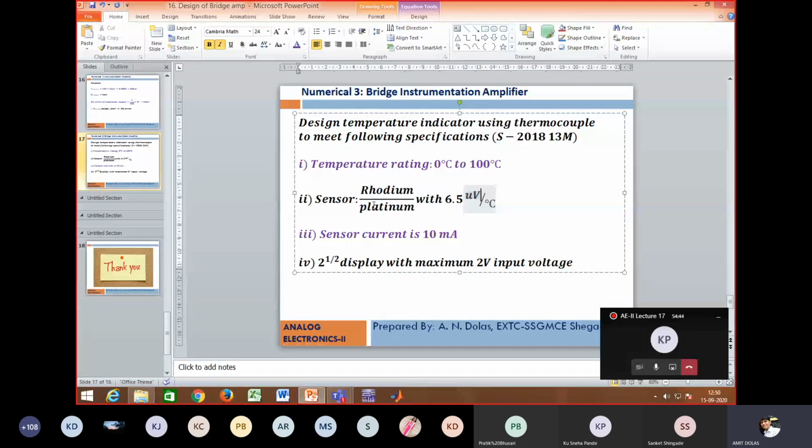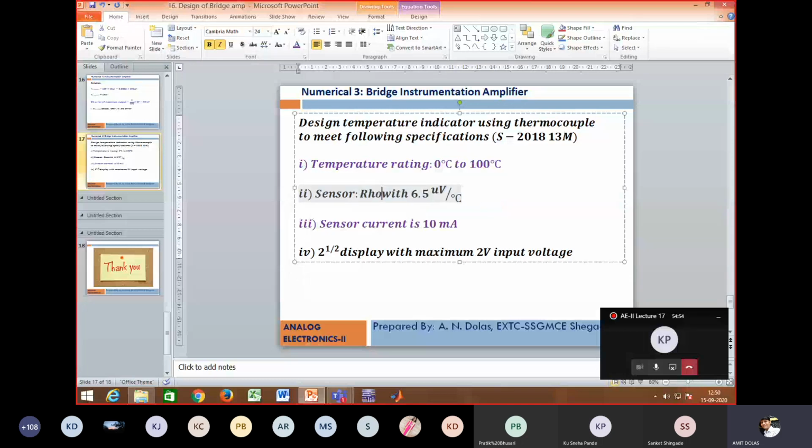There should be a slash here, microvolt per degree centigrade. It is rhodium or platinum with 6.5 microvolt per degree centigrade.